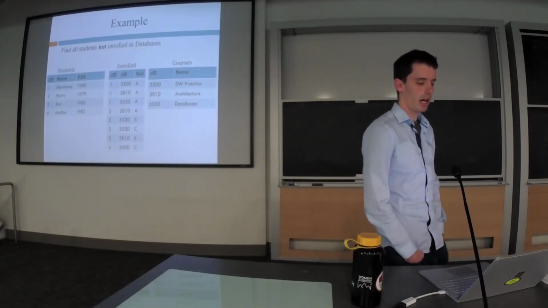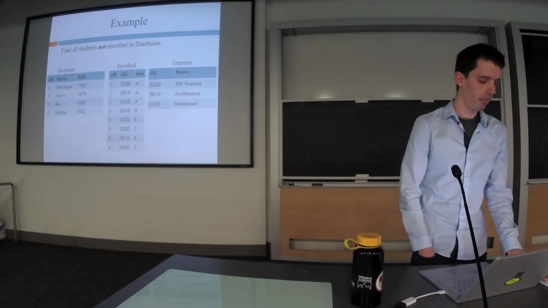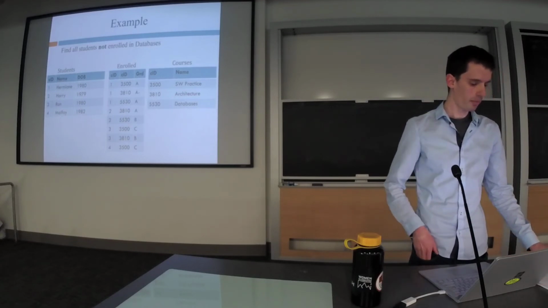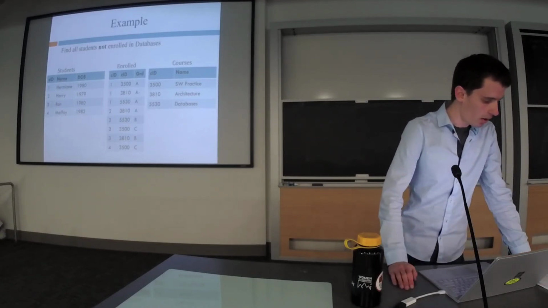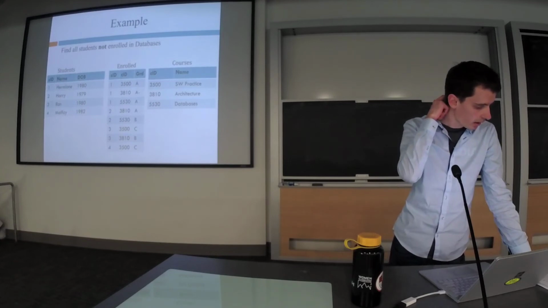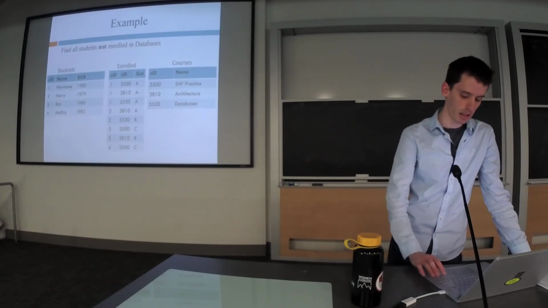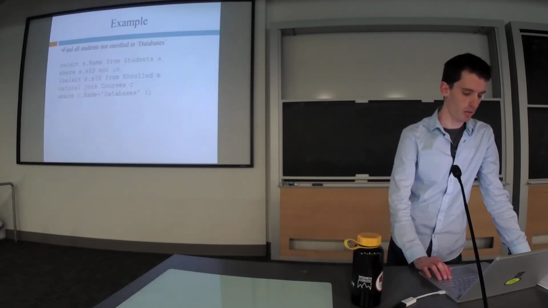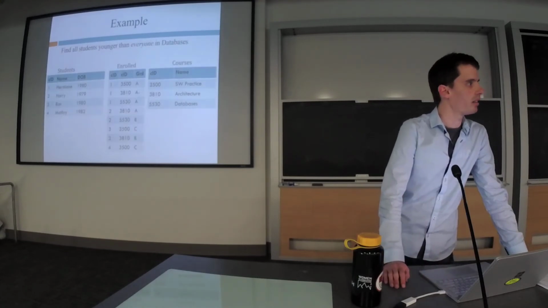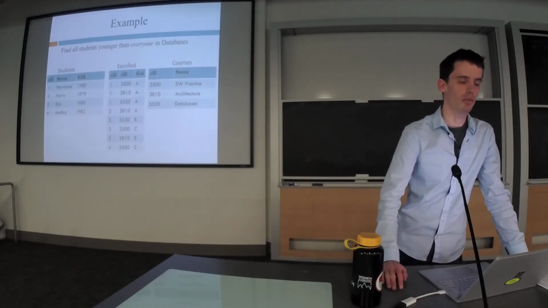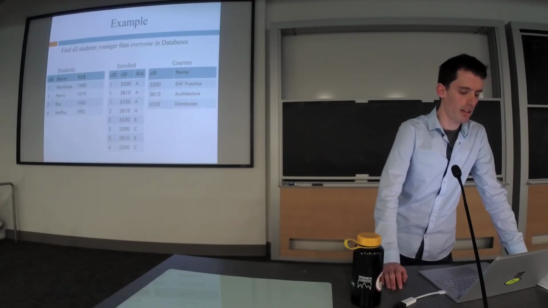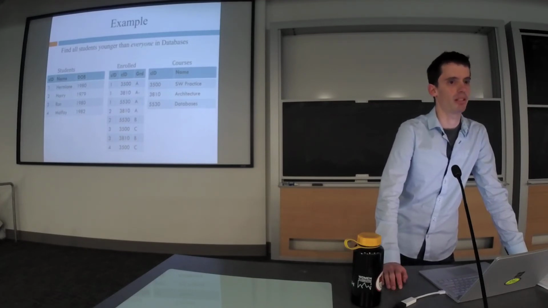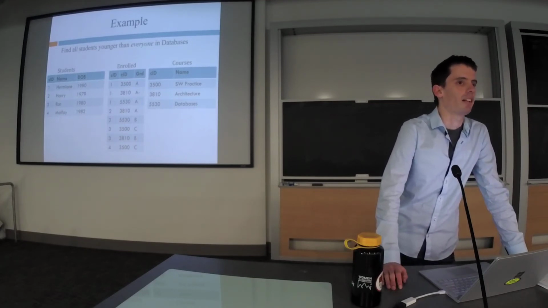Let's do an example. Find all students not enrolled in databases. We've kind of seen something like this, so I'll skip over it to get to a more interesting one based on these new operators: find all students younger than everyone in databases.